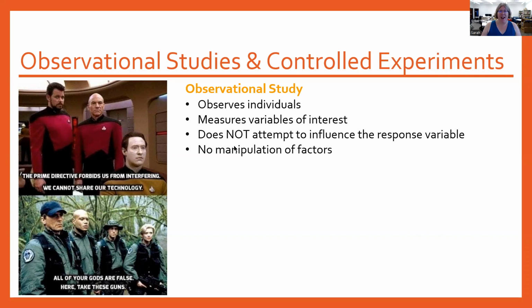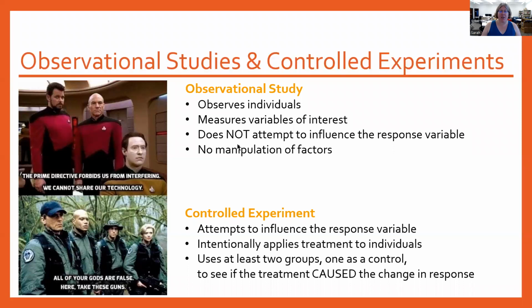All right, the other side of the coin here is the controlled experiment. So in a controlled experiment, the researcher attempts to influence the response variable. You're going to intentionally apply treatment to individuals. And it usually has at least two groups. So one group is a control group and the other is a treatment group, so that you have kind of a baseline to compare against to see if the treatment you applied actually caused the change in the response variable.